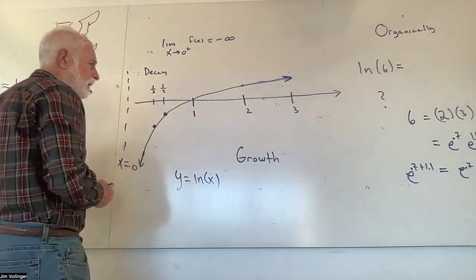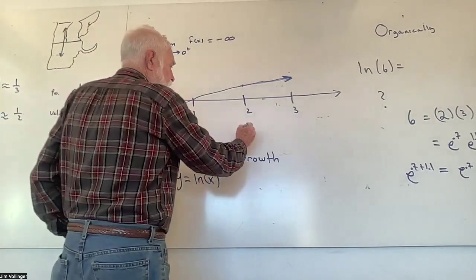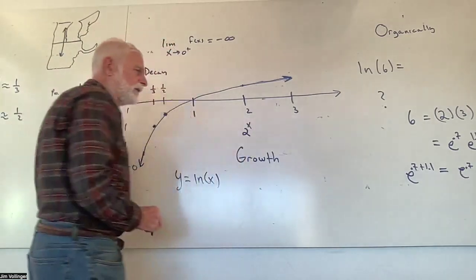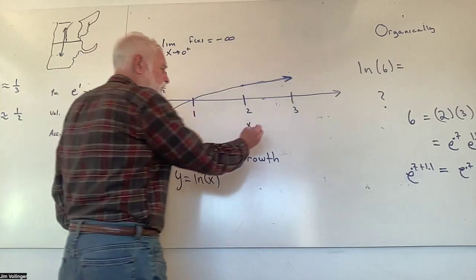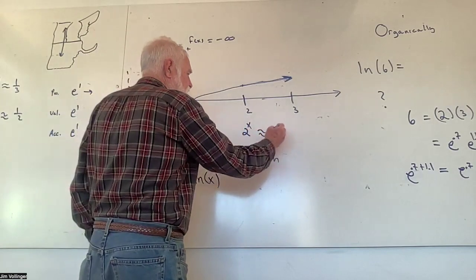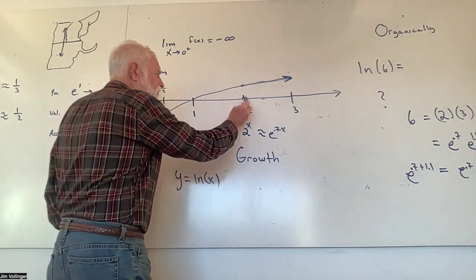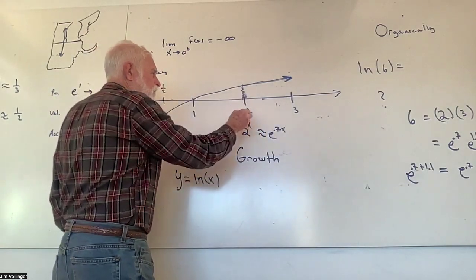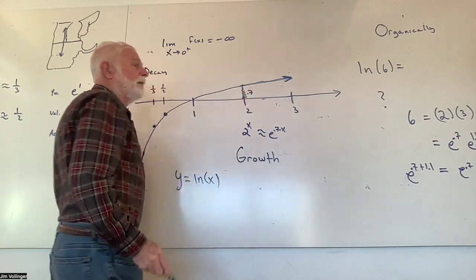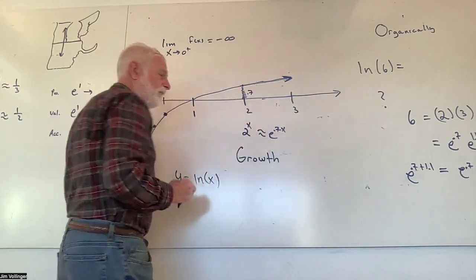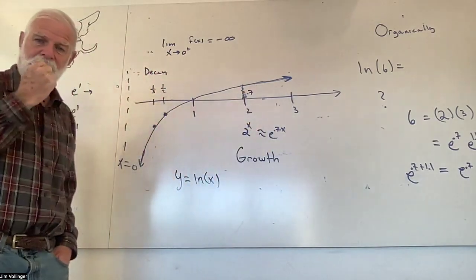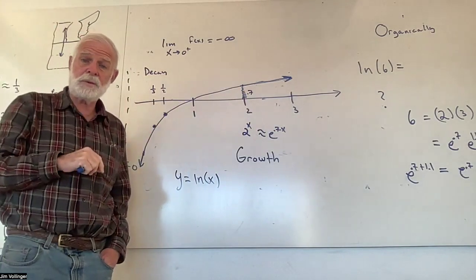If you wanted to write the doubling function 2 to the x in e notation, it would approximately be e to the 0.7x. The y value at x equals 2, 0.7, is that value that you put on top of 2.71 to get the number 2.